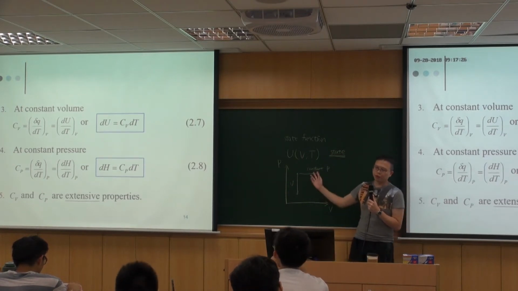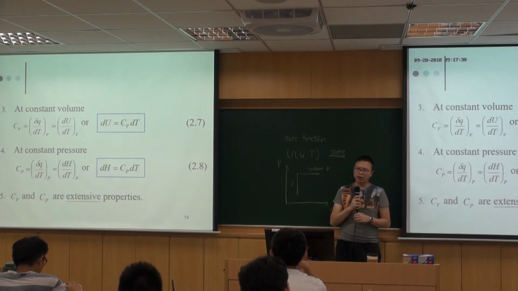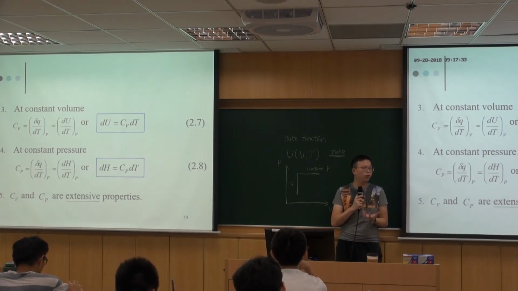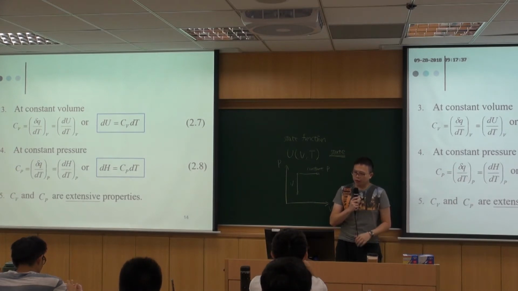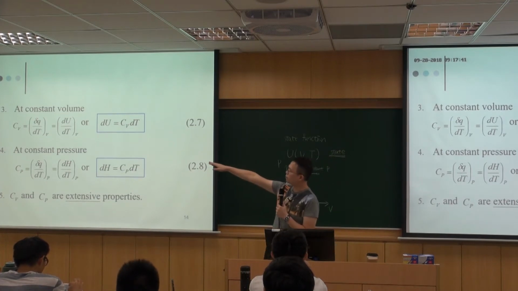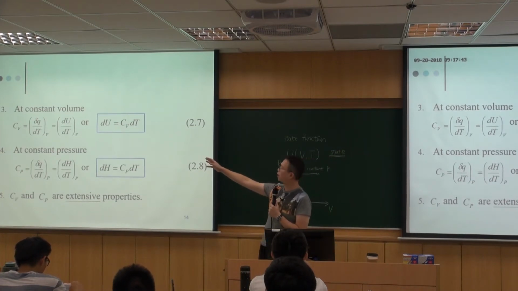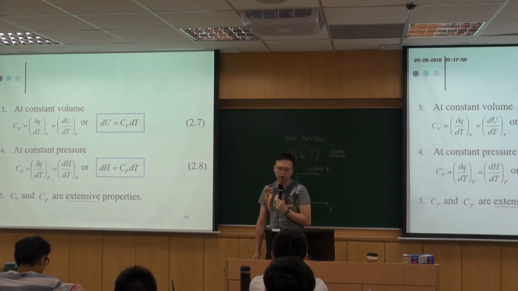And for these two different processes, if you define heat capacity, the form will be different. The values will also be different. So for the constant volume process, C_V, we know that by definition, it is delta Q over delta T. But now we have a subscript V over there.